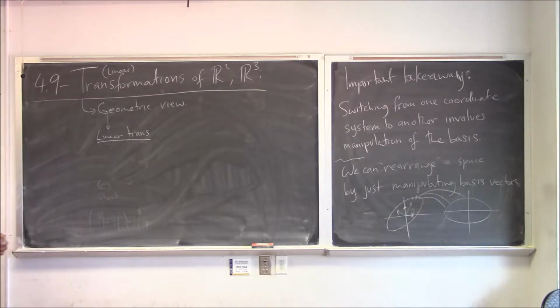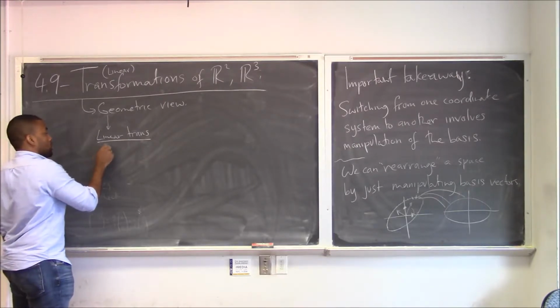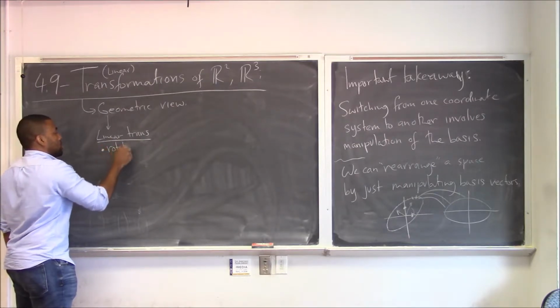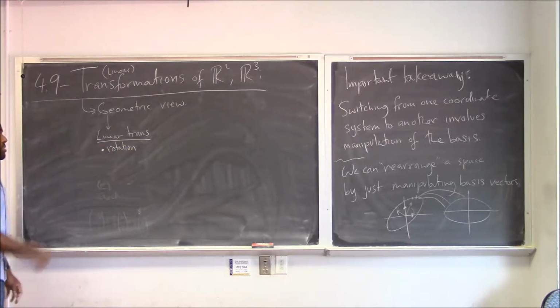What are some linear transformations? Give me some examples, if you know of any. Rotation. Rotation is one of them. The idea of taking some vector and rotating about the origin gives you a linear transformation. You need the origin in the mix because you need it to be a vector space.